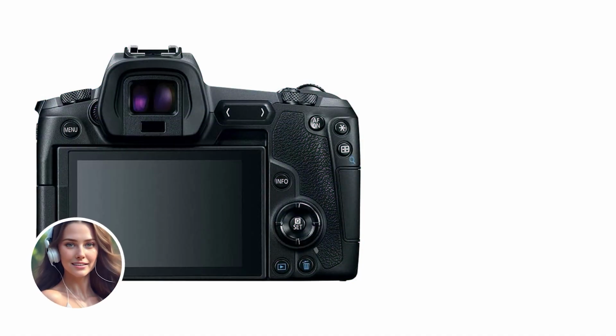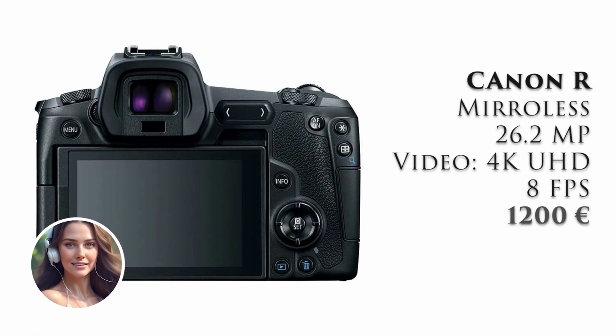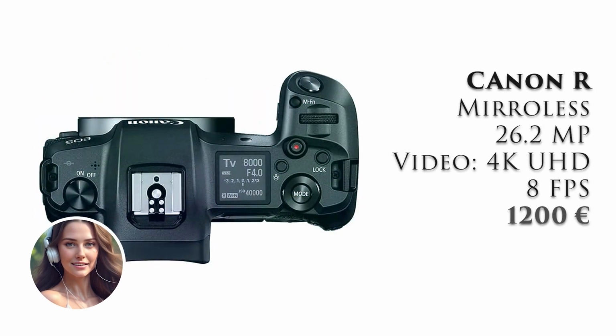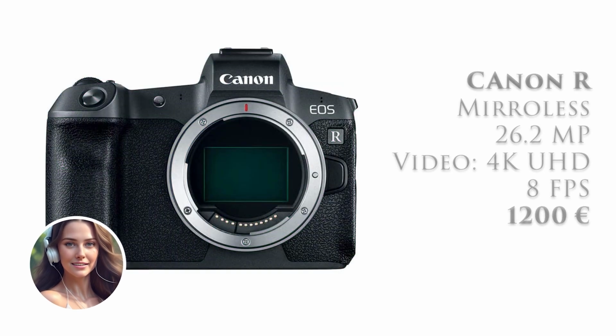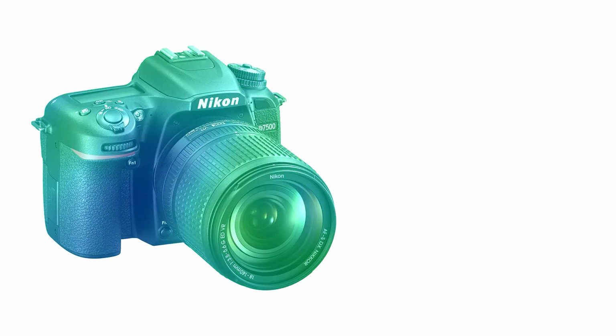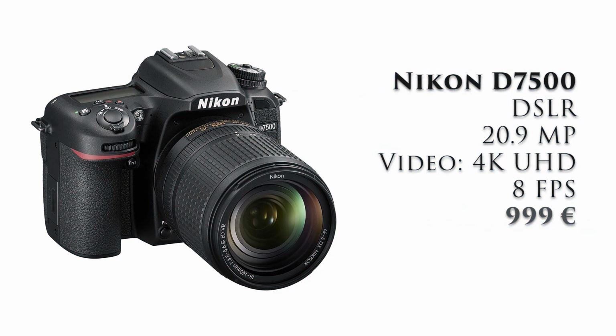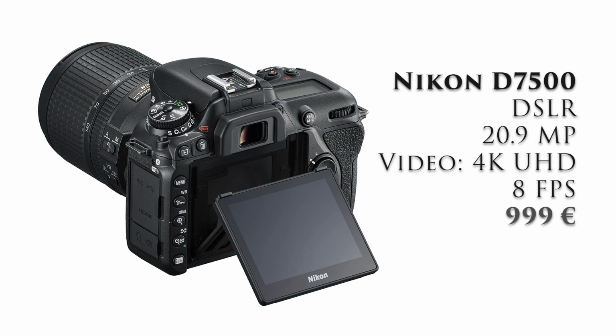So let's go for the mid-range. The first one is a Canon R, which is 26.2 megapixels. It's full frame, mirrorless, and you can shoot 4K Ultra HD videos and 8 photos per second. The price is €1,200. The second one is a Nikon D7500. It's a 20.9 megapixel DSLR.